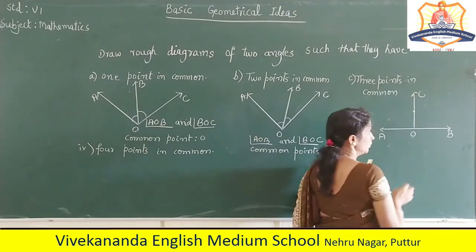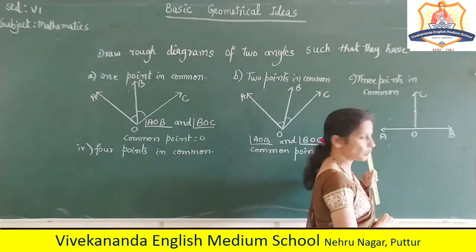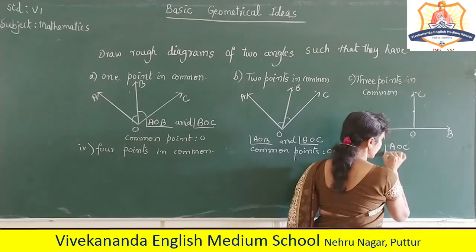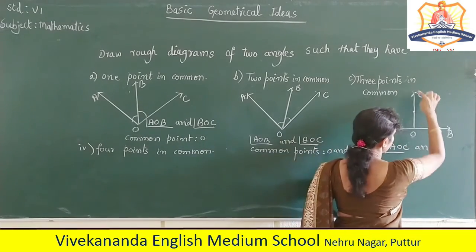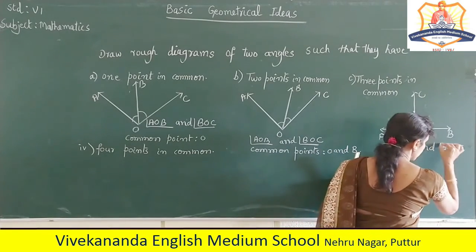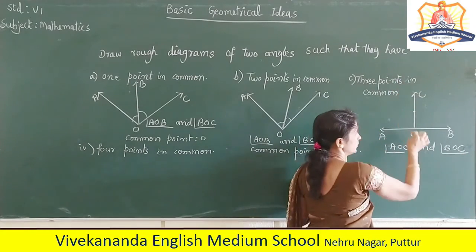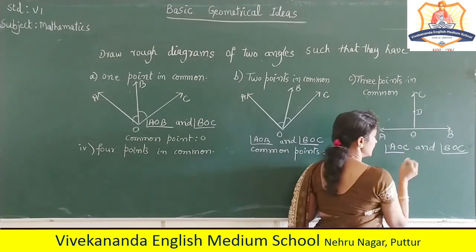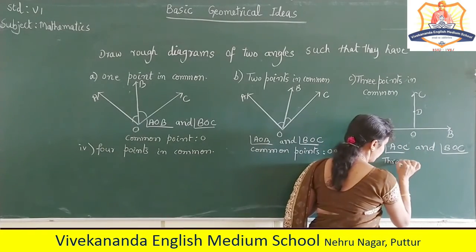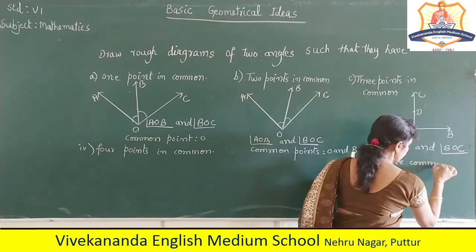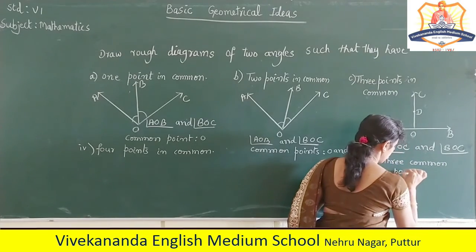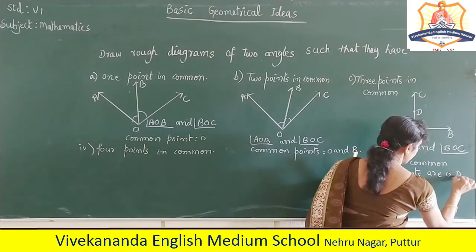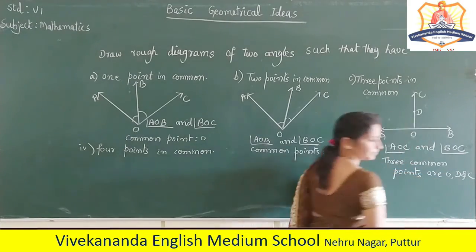So we mark 1 point D on the ray OC, and the two angles are angle AOC and angle BOC. And the 3 common points are O, D and C.